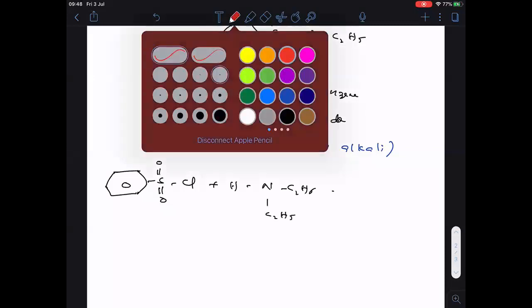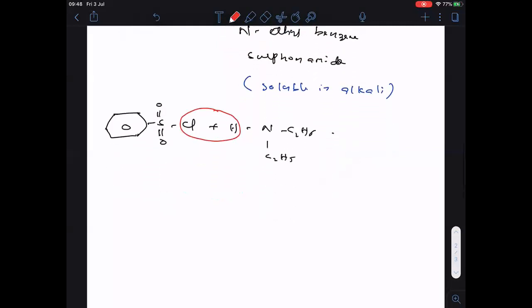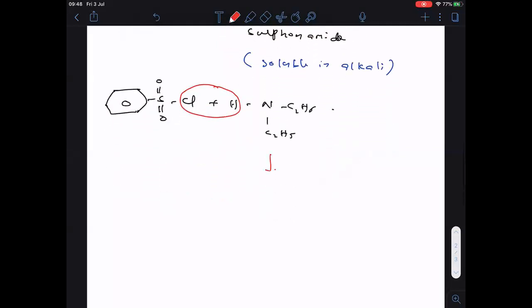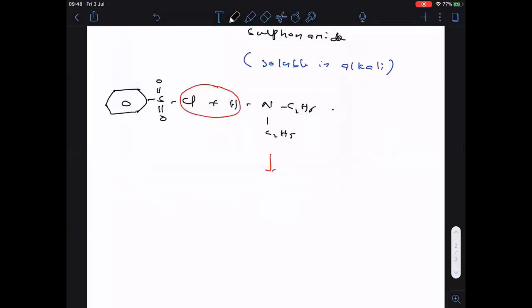So here again, HCl is removed. Clear? Then what is the product formed here? Again the same, S double bonded O, double bonded O, N C2H5, C2H5.